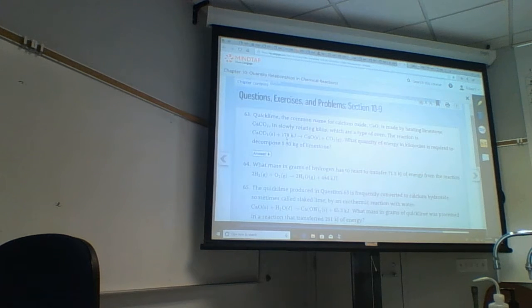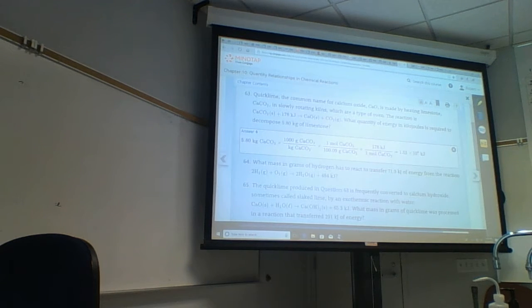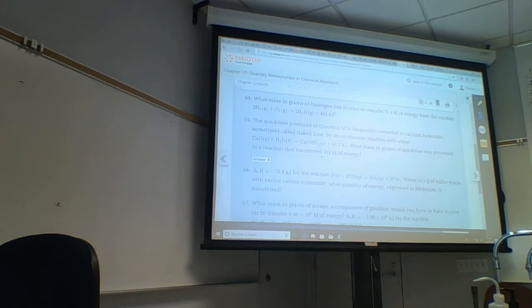So in other words, how many sig figs? I got 3 sig figs. So we'll just do 10.3 times 10 to the third kilojoules. We're going to need a lot of energy. Okay, that's endothermic. Let's look at an exothermic reaction.